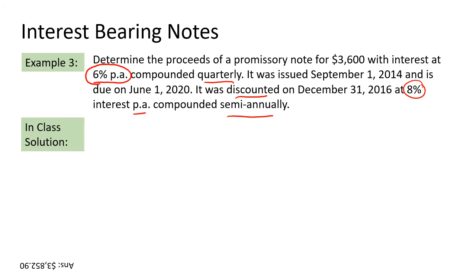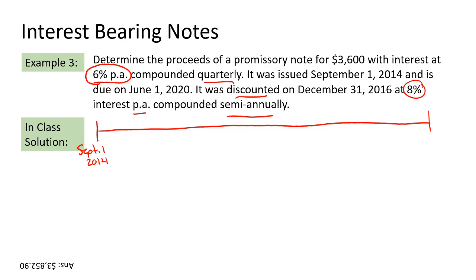So if you start with a timeline, we're looking at, it was issued September 1st, 2014, and it's due June 1st, 2020. And it was discounted, or in other words, the time you're calculating in your second step, on December 31st, 2016.